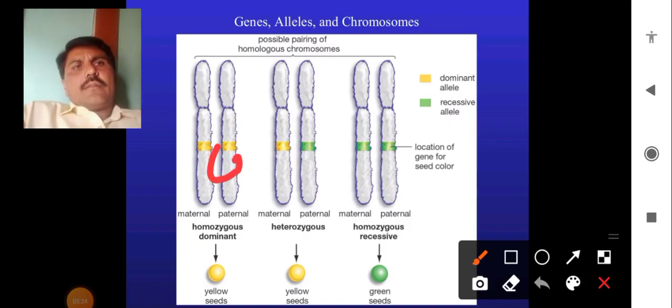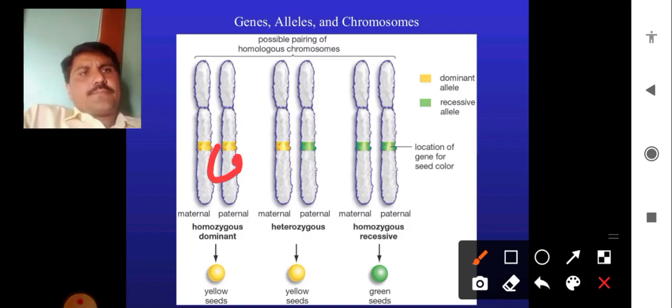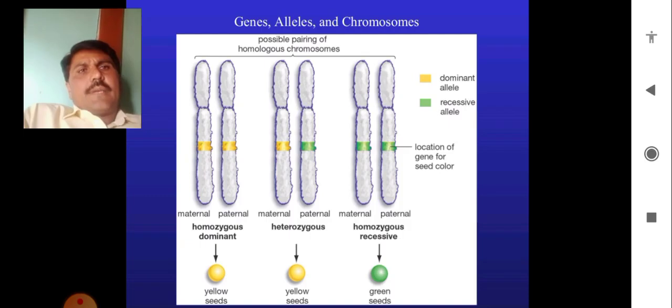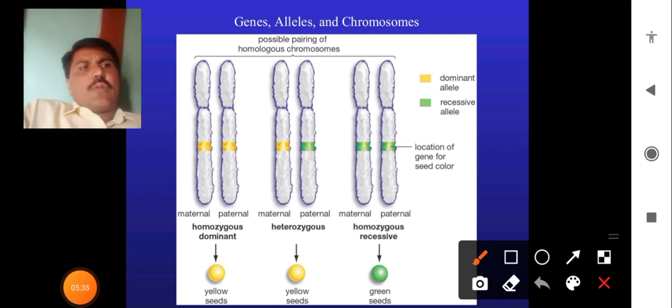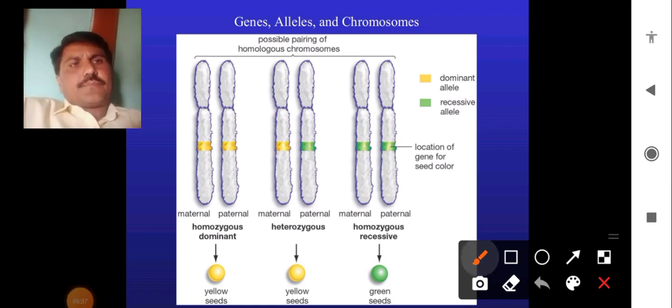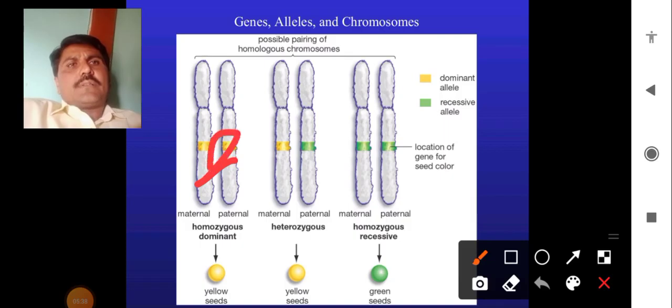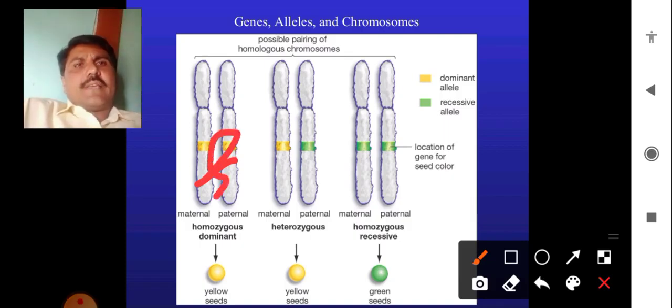These are the genes located on the yellow bars. This is the homozygous dominant, and from it, as the product, we get yellow seeds.